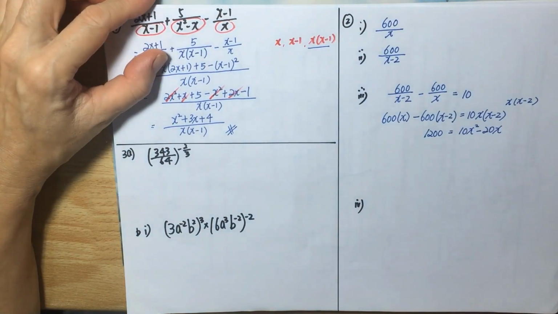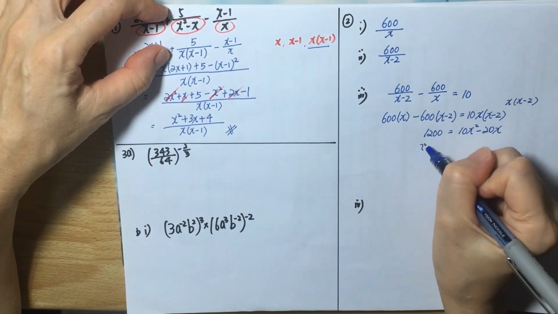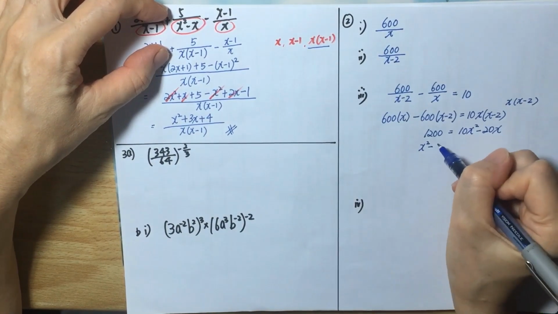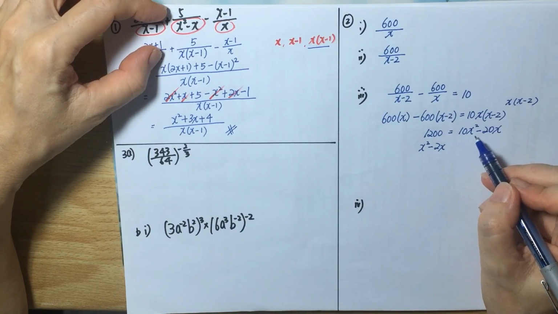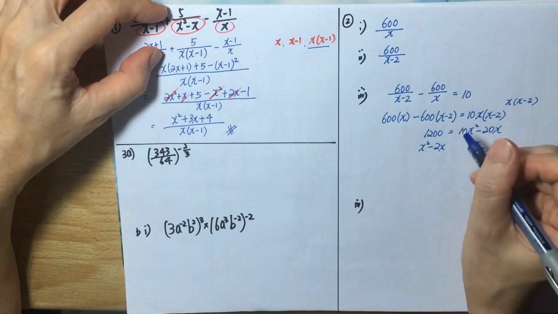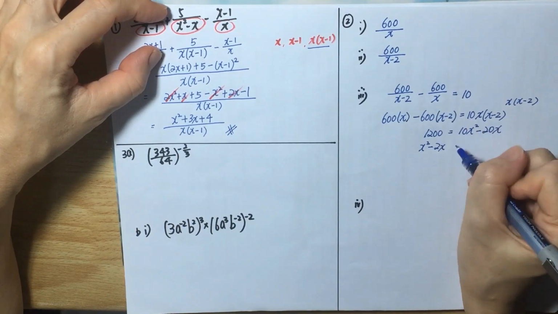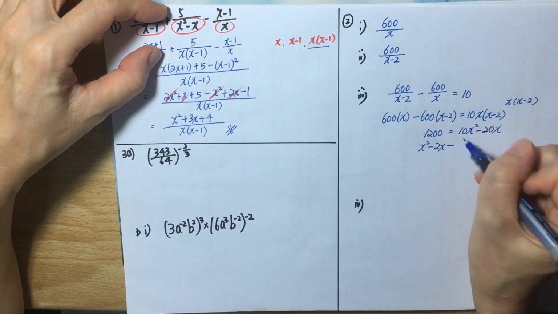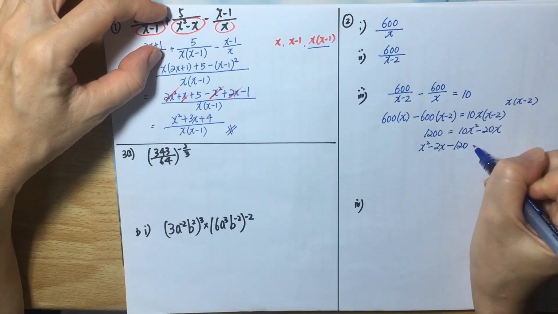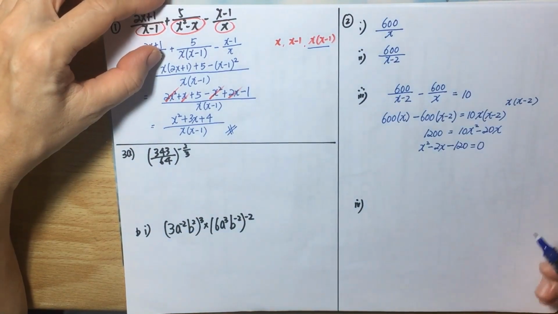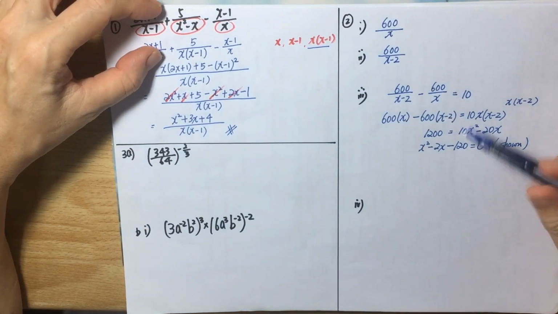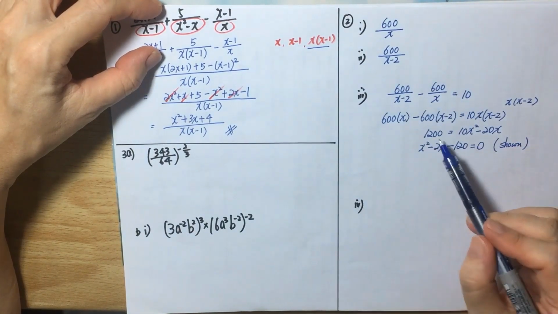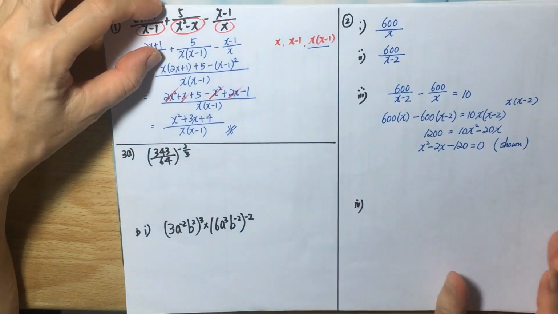Simplify, we divide by 10, so we get x squared minus 2x, and then subtract on both sides, you get negative 120 equals 0. So this is the equation that we're supposed to show. First step, common denominator, then expand, simplify, and get this one.